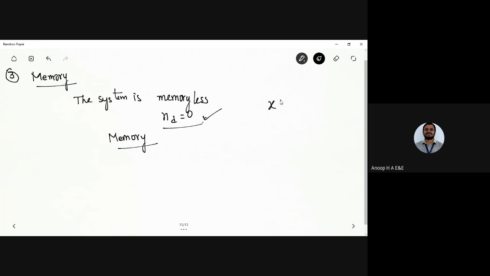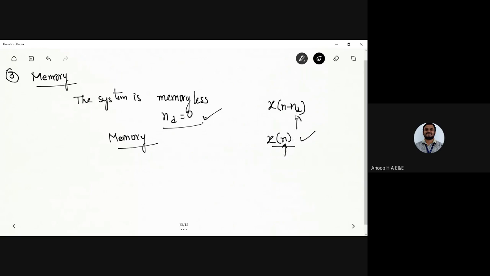See, consider the system here, x of n minus nd. Once I have nd equals 0, I get only the input signal, which is x of n. I can certainly say that the given system depends only on the present value of the input.